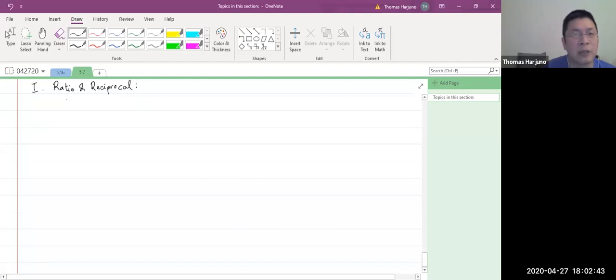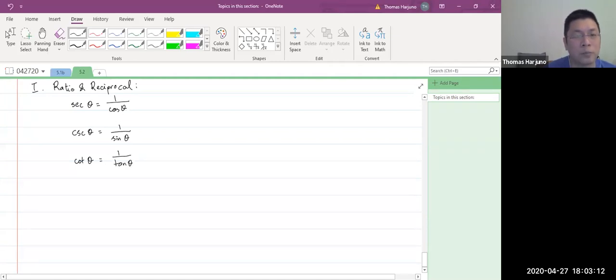That is, secant theta equals 1 over cosine theta. Cosecant theta is 1 over sine theta. And cotangent theta is 1 over tangent theta.